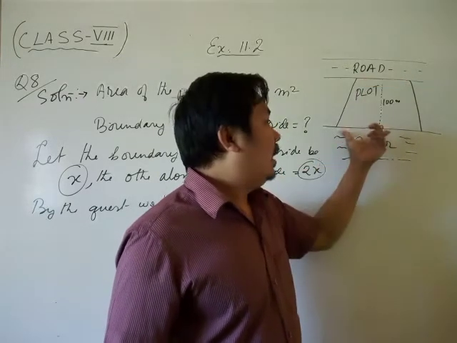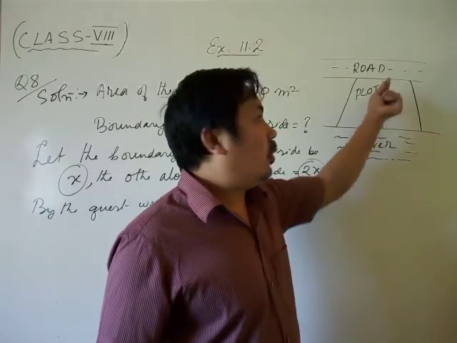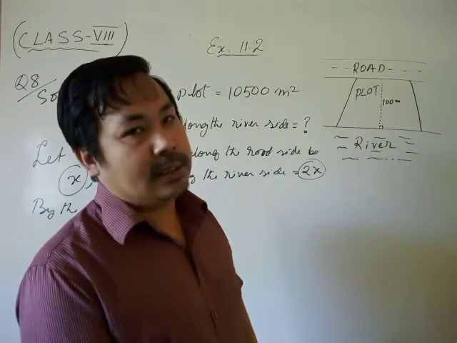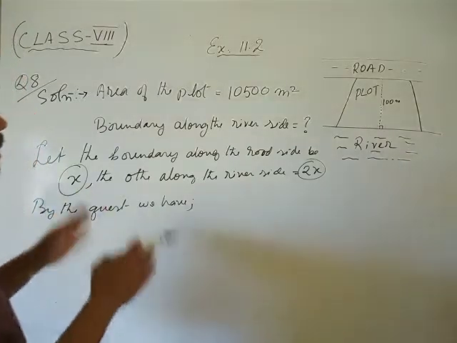Once again, the length of the side along the river is twice the length of the side along the road. With this condition, let us start our solution.